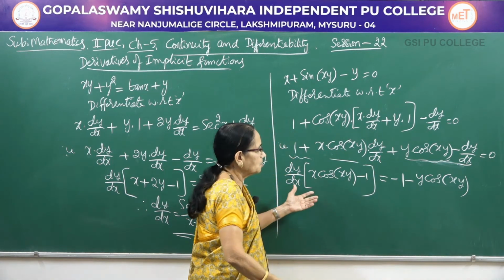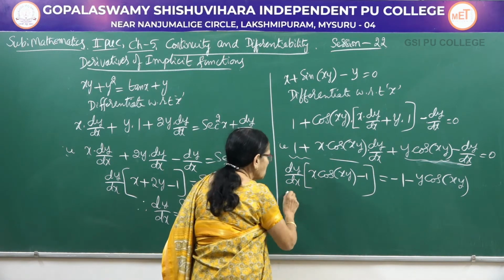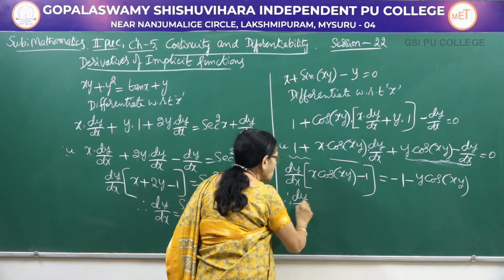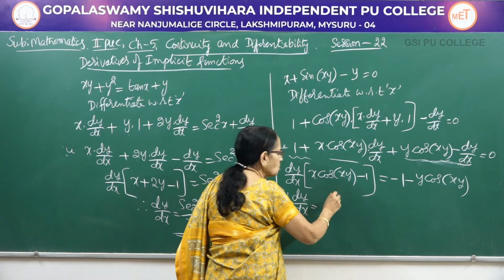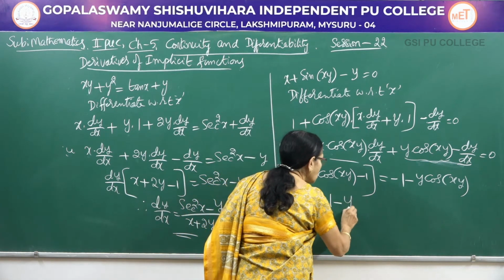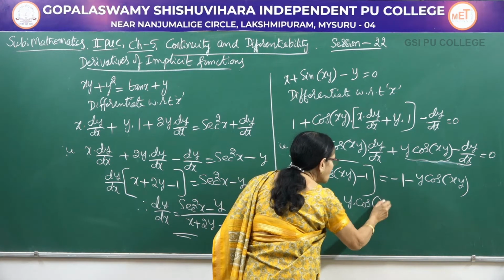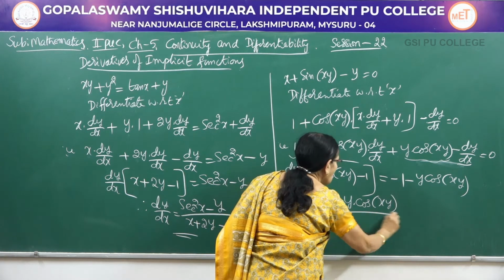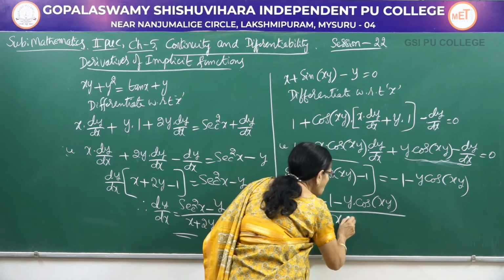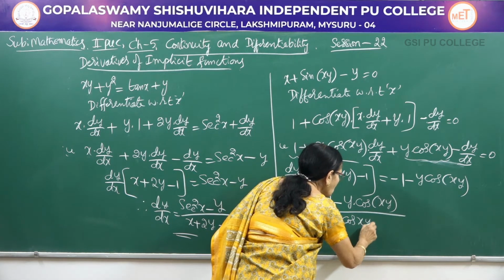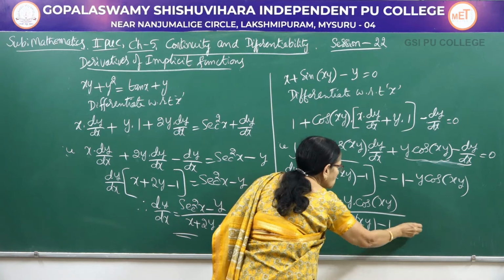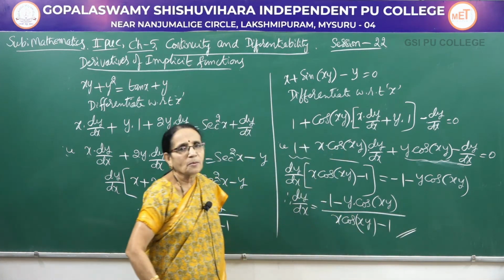Now we cannot do any simplification here, therefore you can write the value of dy by dx to be minus 1 minus y into cos of xy, whole thing divided by x into cos of xy minus 1. So this is the derivative of the function.